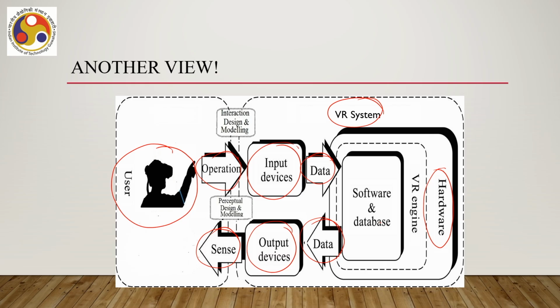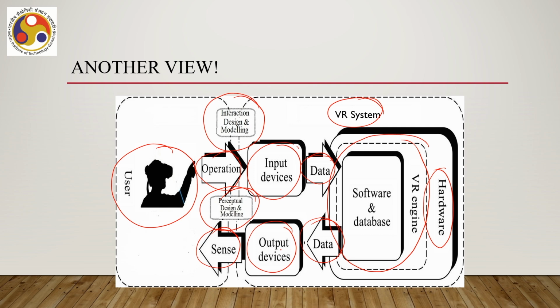Now, there are three things. One is that when the user is interacting with the input devices, we need to have proper interaction design and modeling. We also need to have perceptual design and modeling so that stimuli generated by the output devices can suitably stimulate our sense organs. But we also need software to process the input data and generate the output data.